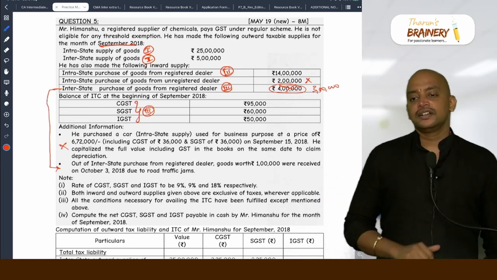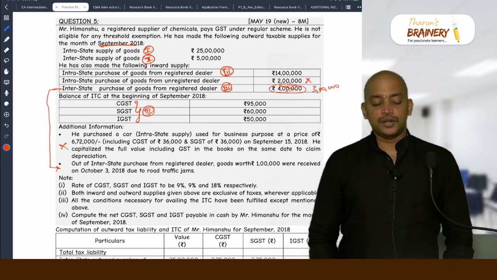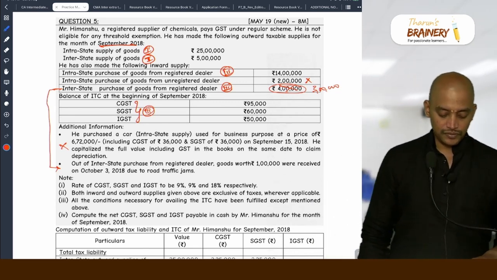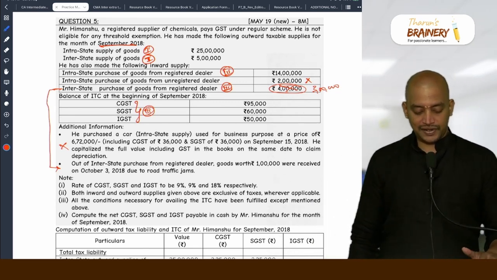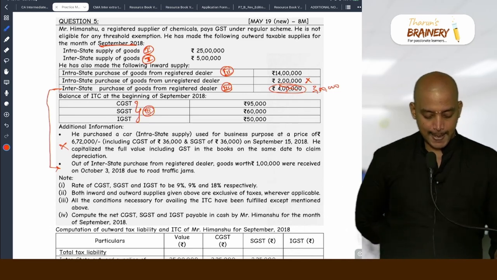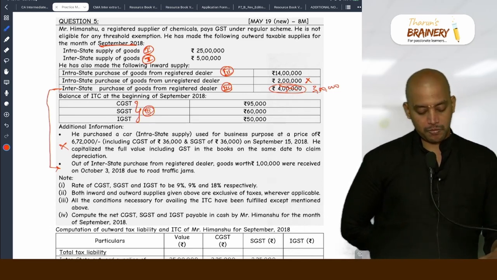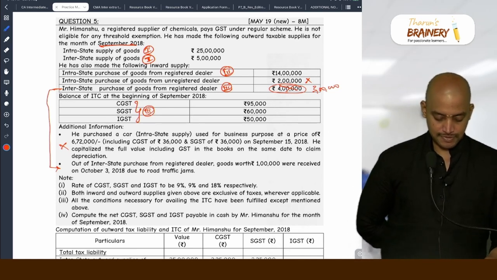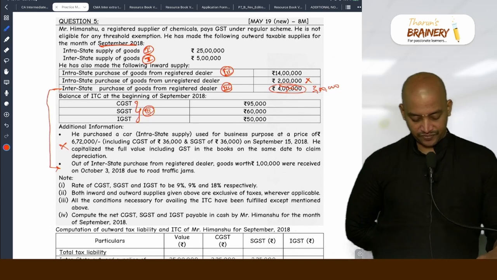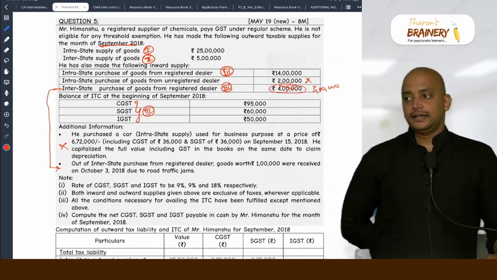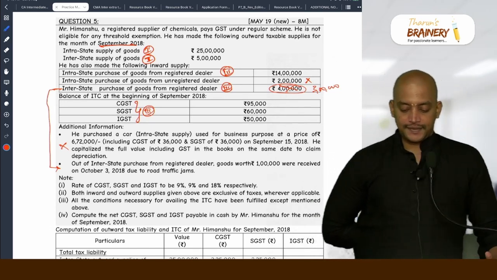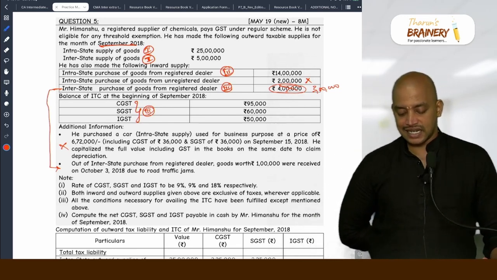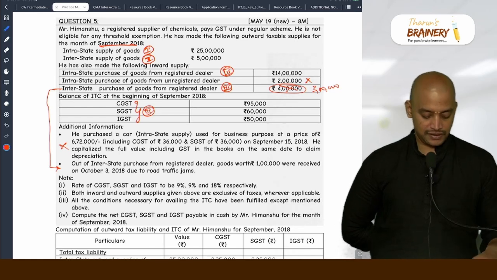Then statement 3, computation of input tax credit, net eligible ITC. How much first? Is there an opening balance? Yes. 95 CGST, 60 SGST, IGST 50,000.